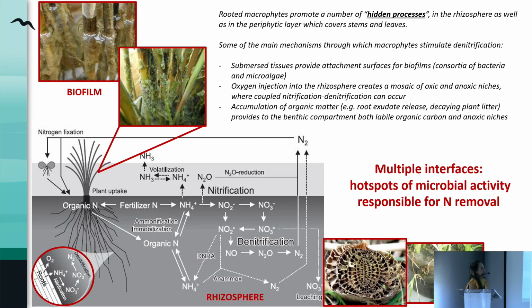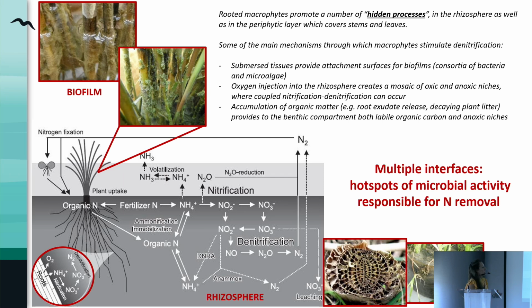What are the processes responsible for this nitrogen removal capacity? Macrophytes can promote a number of hidden processes, both in the rhizosphere and in the biofilms. Here you can see some of the main mechanisms through which macrophytes may stimulate denitrification.